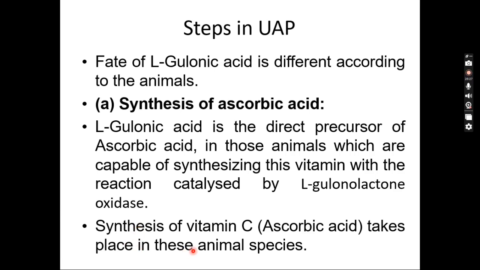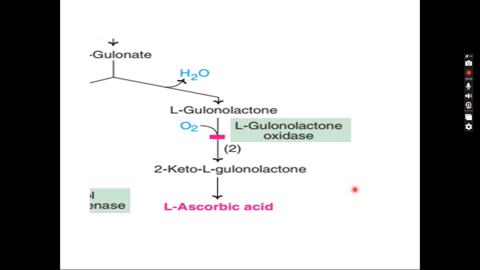So the synthesis of vitamin C, which is ascorbic acid, takes place in these animal species, those that have this enzyme, L-gulonolactone oxidase, and this is where the fate goes for gulonate in those animals or organisms that have this gulonolactone oxidase.